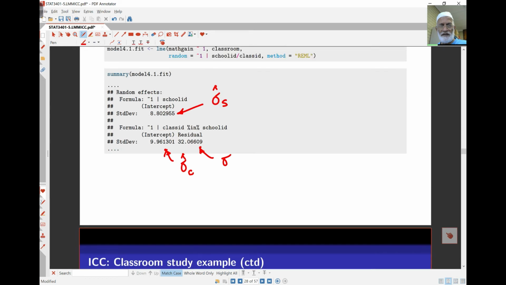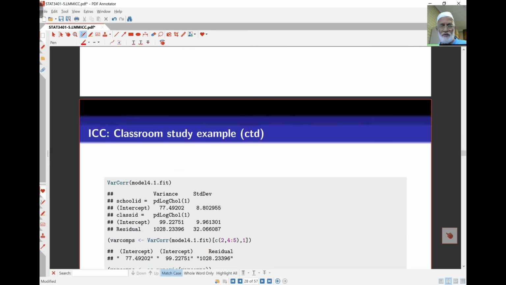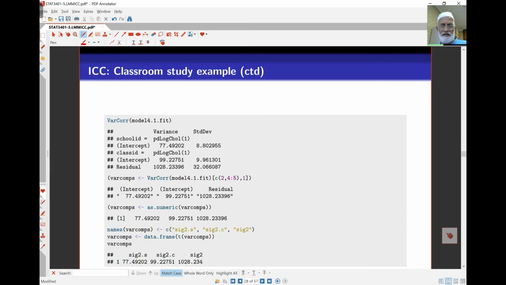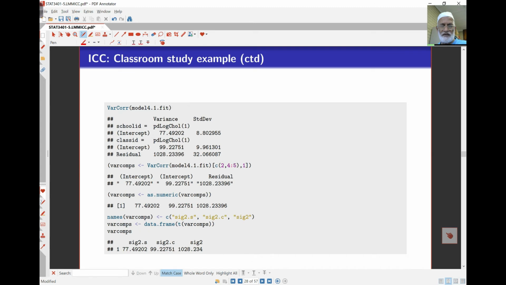Nothing different here, the same numbers come out, but now I'm looking at variances. So you'll see the variances are squares of the standard deviations. We've still got the school, and the class within the school, and the overall error term.